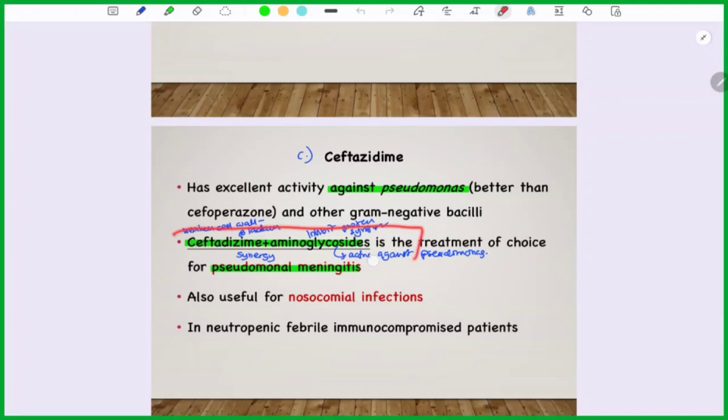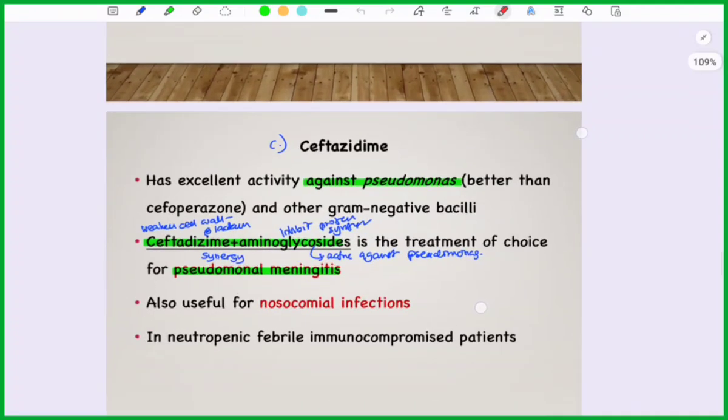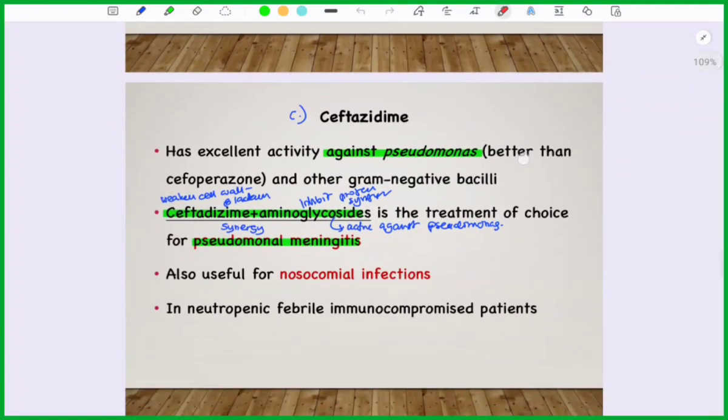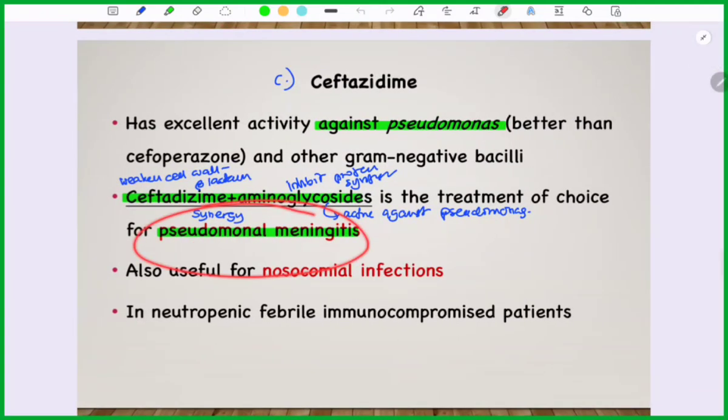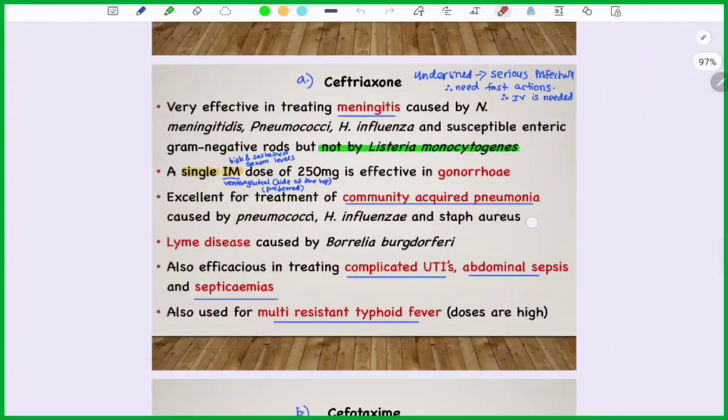This is not asked in the OSPE, but remember, ceftazidime is administered along with aminoglycosides for the synergistic effect, because ceftazidime is a beta-lactam which weakens the cell wall so that the aminoglycoside can enter and inhibit the bacterial protein synthesis. So for Pseudomonal meningitis, you can use ceftazidime instead of ceftriaxone because it's not effective.